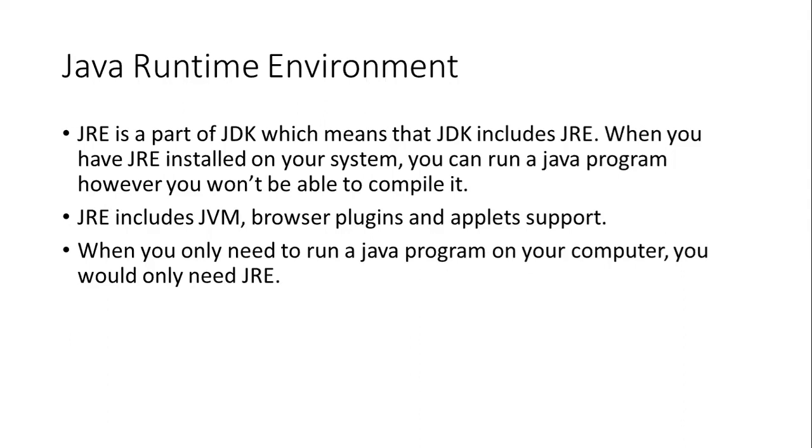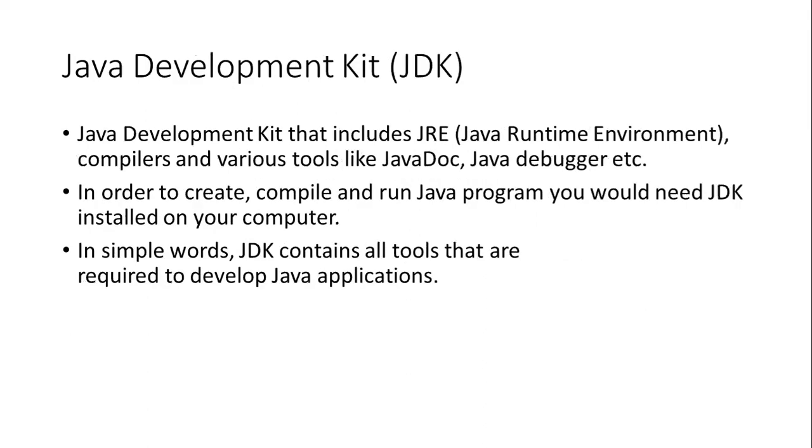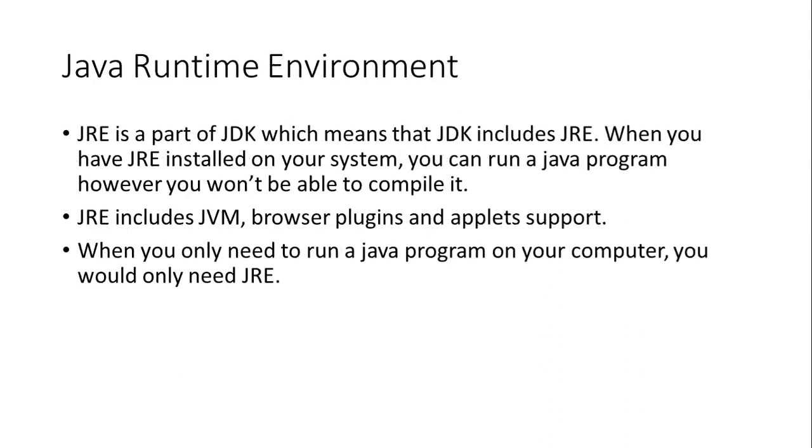But if we want to compile it, then a compiler is required. So basically the JDK provides us tools for creating, compiling, and running. For compilation, we require the Java compiler, and for running, we require the Java Runtime Environment: JVM, browser plugins, and applet support.